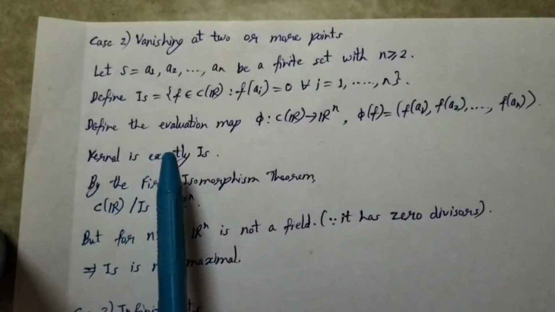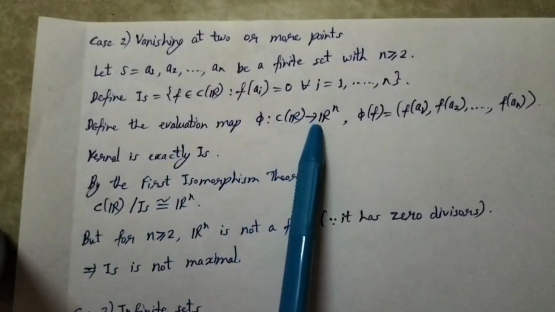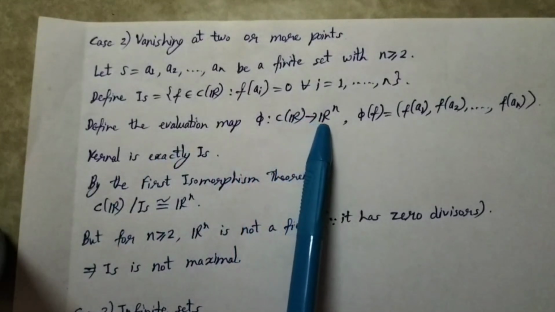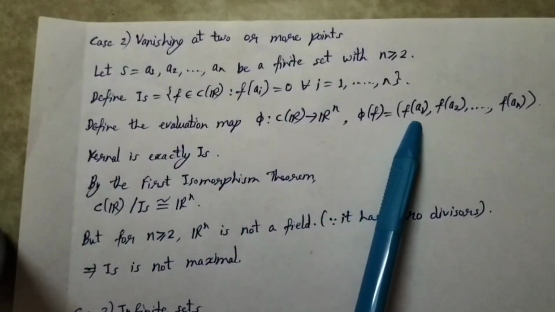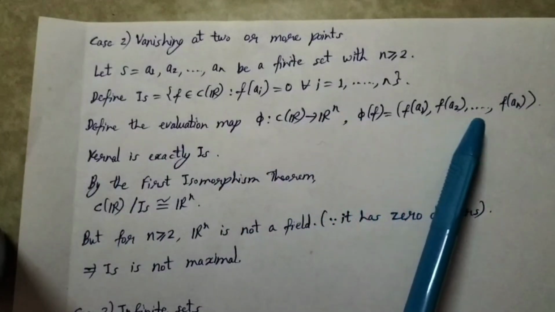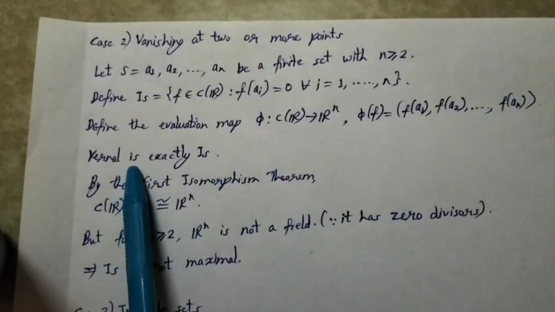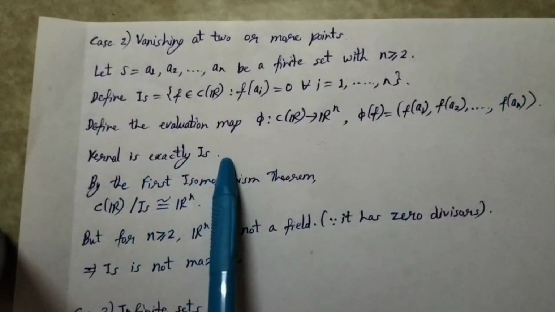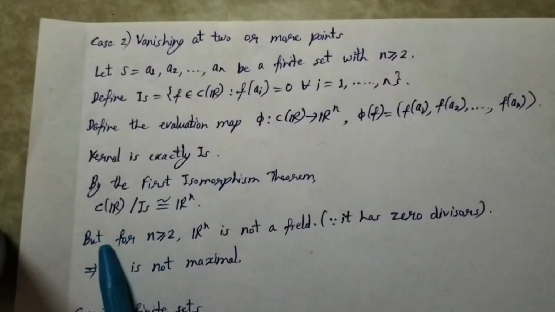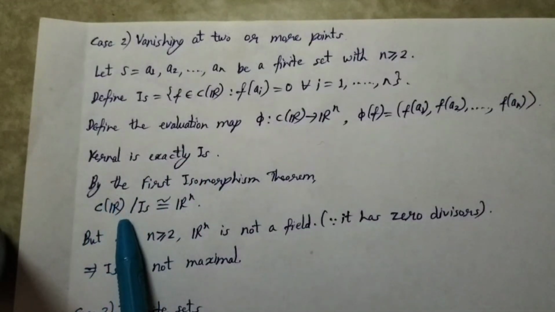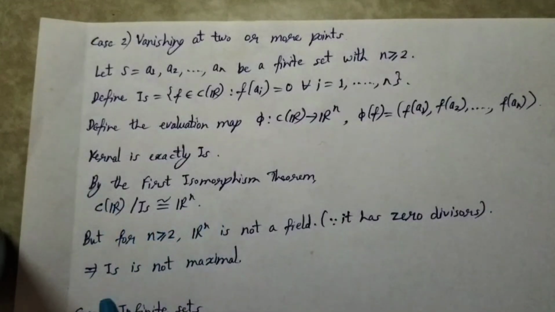Let's define the evaluation map phi from C(R) to R^n such that phi(f) = (f(a1), f(a2), ..., f(an)). So the kernel is exactly I_S, and by the first isomorphism theorem we can say that C(R) modulo I_S is isomorphic to R^n.